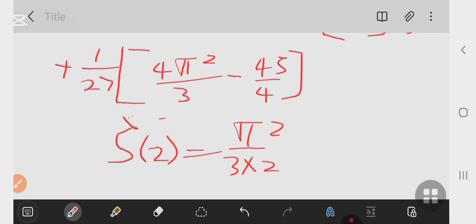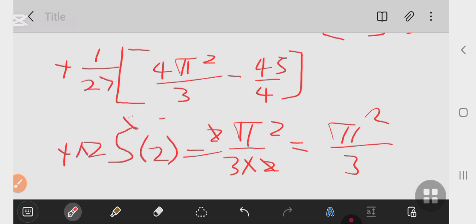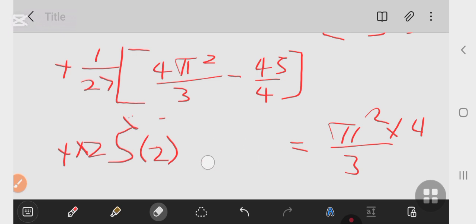So let me multiply here by 2 and here by 2, so that this 2 can cancel out. This will be pi square over 3 as we had here, then still multiplied by 4, then here by 4. So whatever I have here is equivalent to 8 zeta 2.